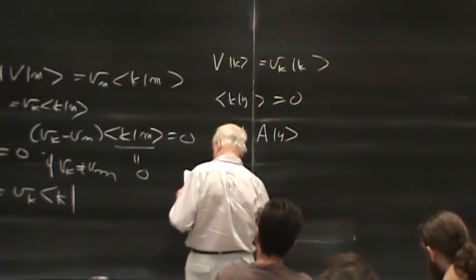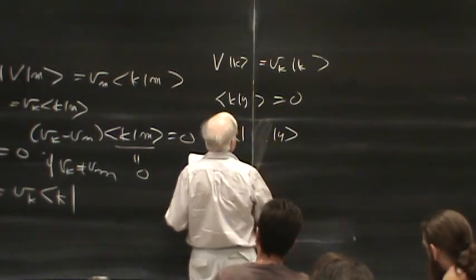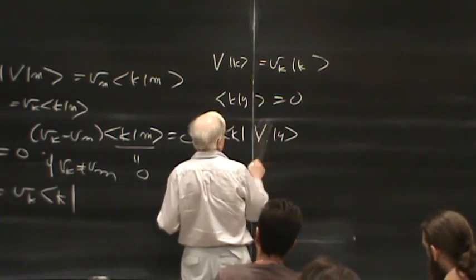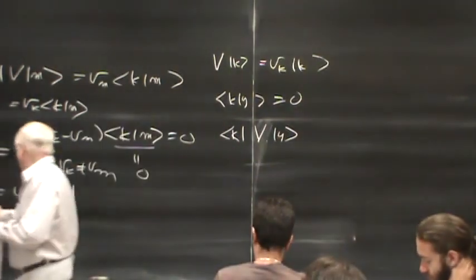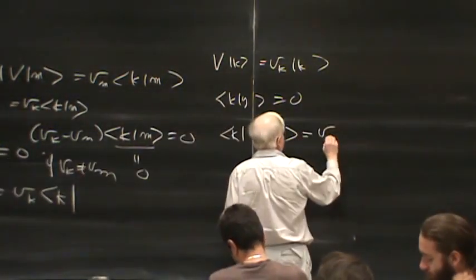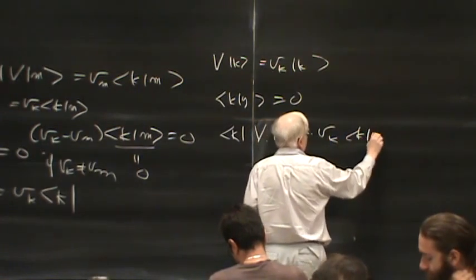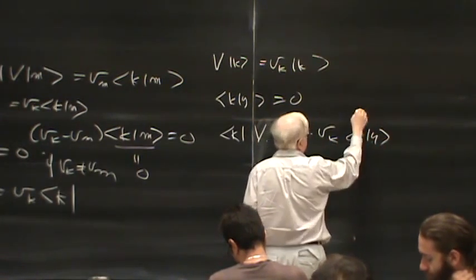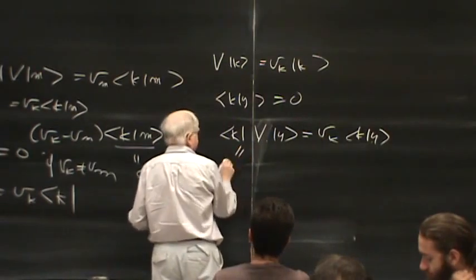Sorry, I switched to A, this is V. But <k|V is v_k <k|, so this is v_k <k|y>. So if this vanishes, this is 0.